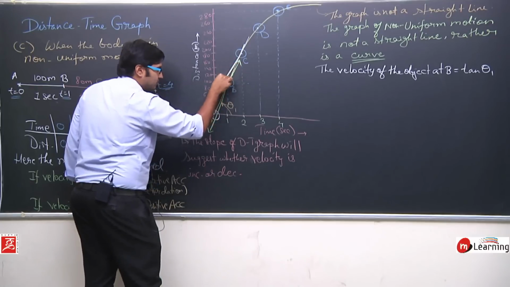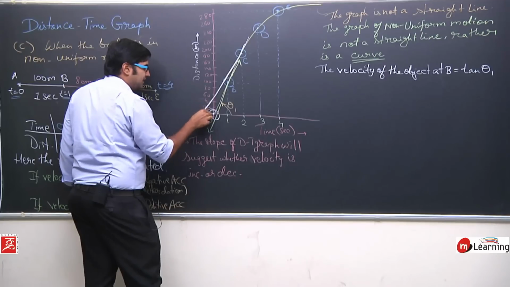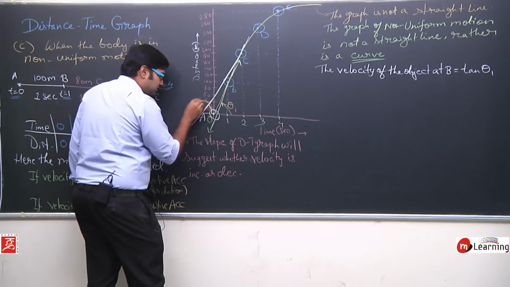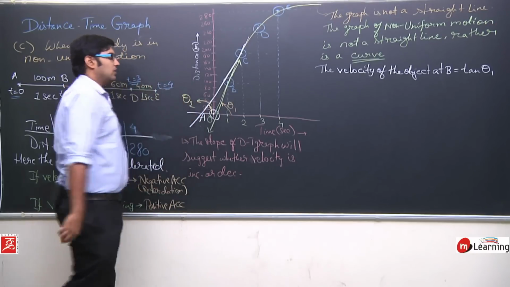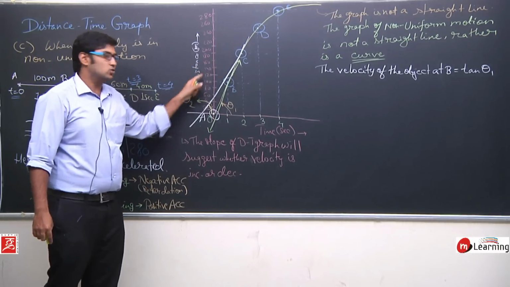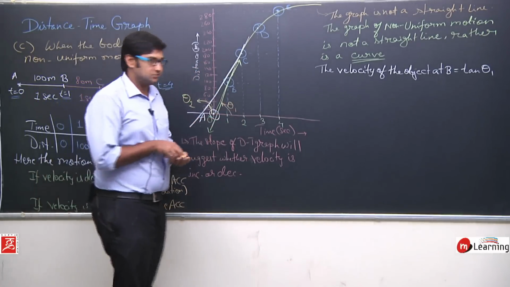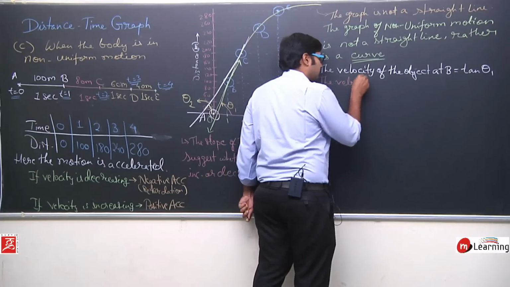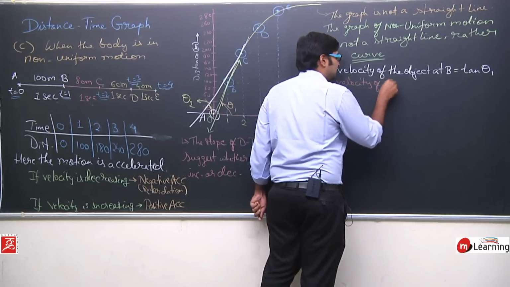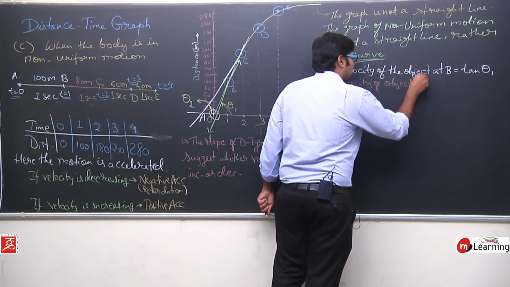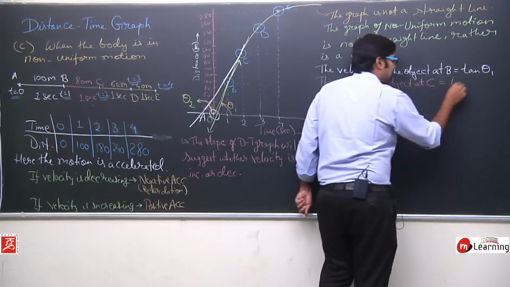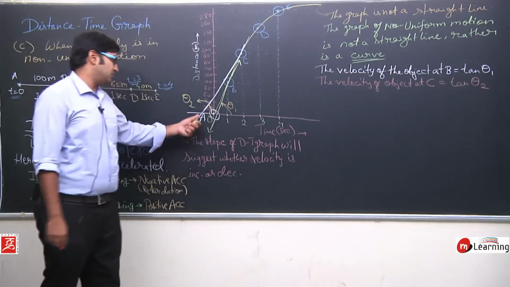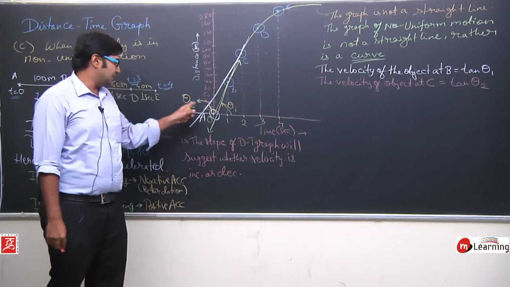So you will find this line is making an angle, this angle theta 2, with the horizontal axis. So the velocity of the object at C will be equal to tan of theta 2. So the velocity of the object at point C will be tan theta 2.